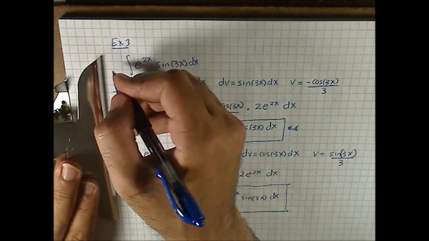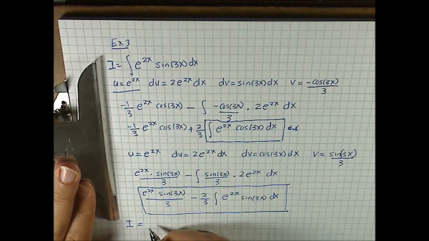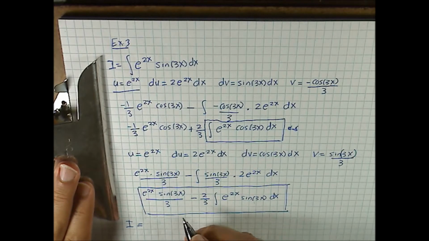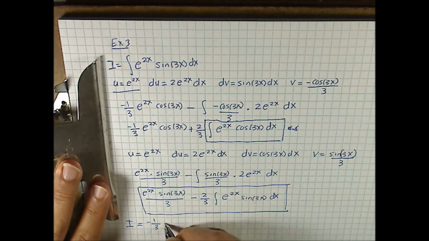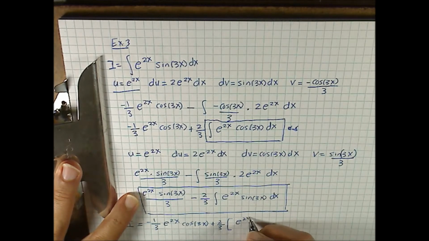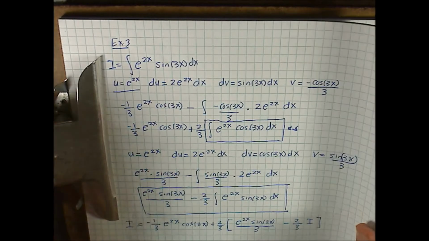So let's call this integral I. So we've got I is equal to negative 1/3 e to the 2x cos 3x plus 2/3 times e to the 2x sine 3x over 3 minus 2/3 times I. And it's very important to have this I here. Okay, now let's do some algebra and solve this.